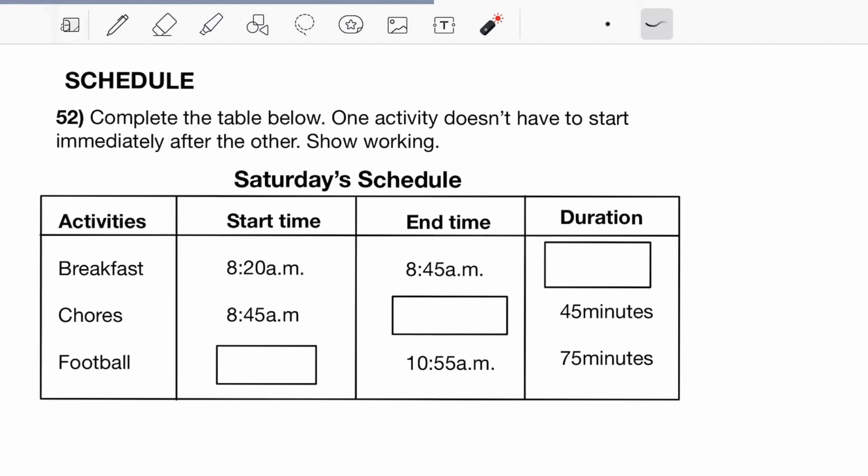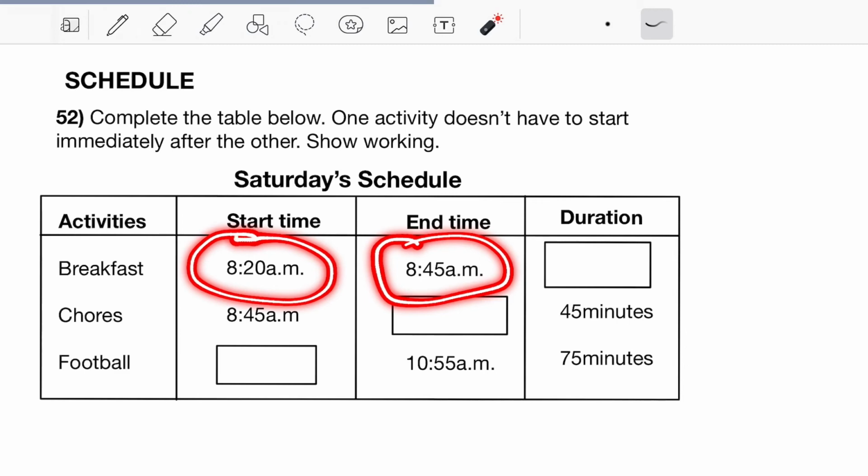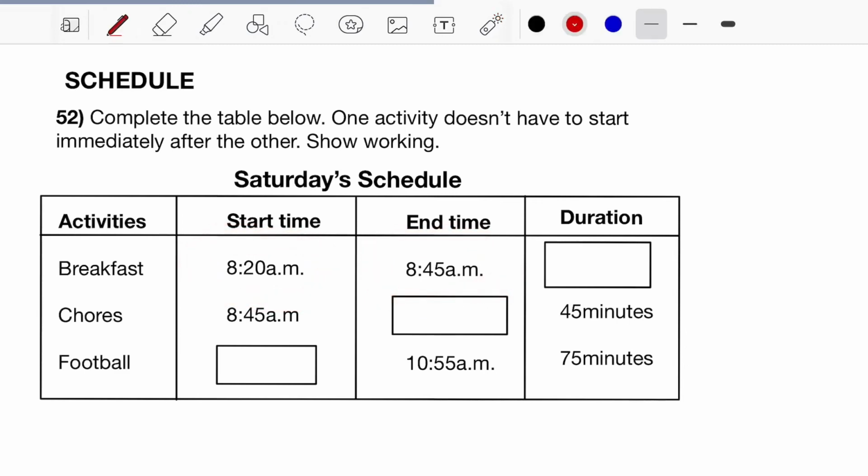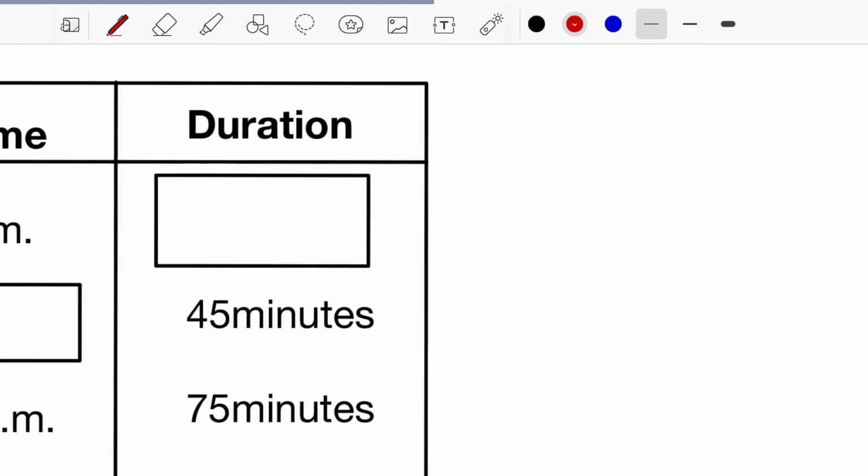So we have the activities here, the time that the activity starts, the time it ends, and how long it took. So how do we find the duration? Well, we must say end time, take away start time, and that will give us the duration, which is also known as the elapsed time, which is simply how long something took.